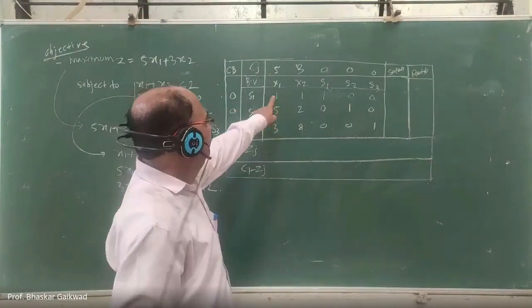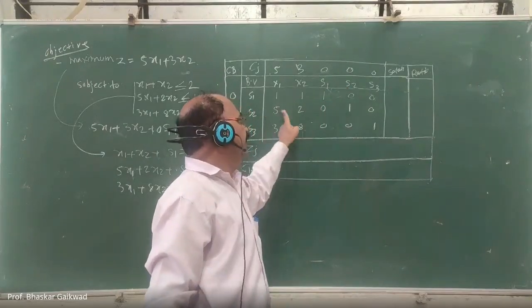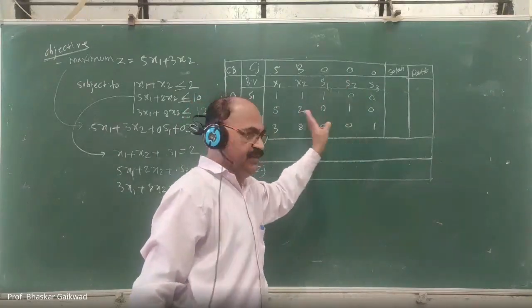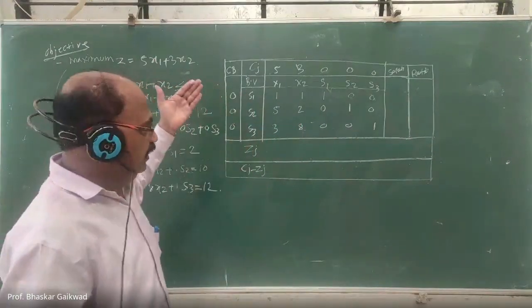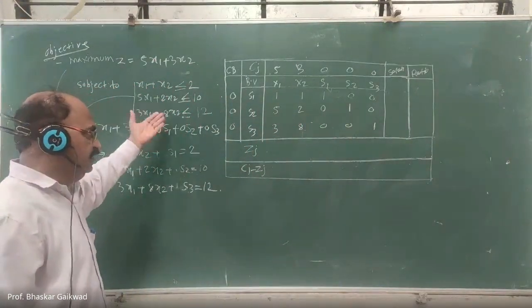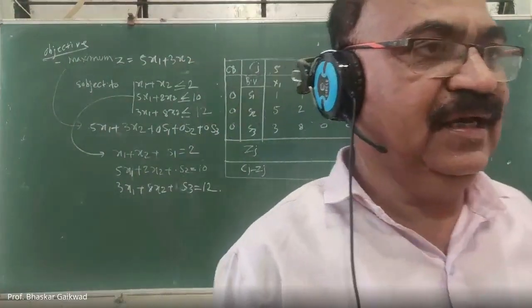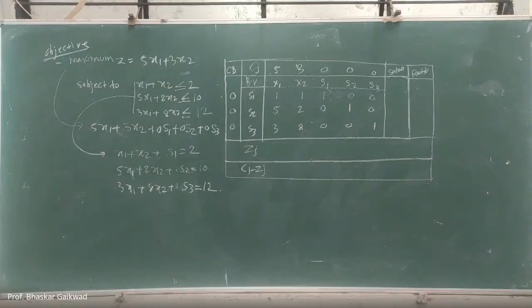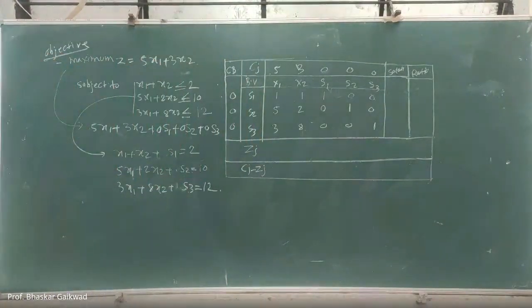See that the first equation has S1 as 1, the second equation S2 as 1, the third equation S3 as 1. Whenever we add a surplus variable for the corresponding equation, its coefficient is 1. In a similar way we can write it. Okay. Now what is the first step?